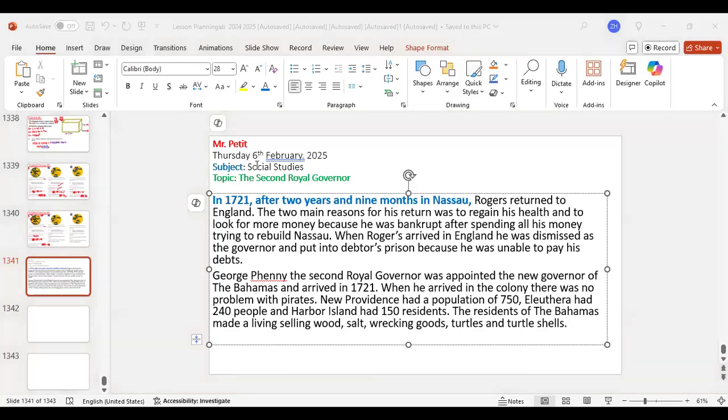They made a living selling turtles. So obviously people used to eat that, right? And people still do today.